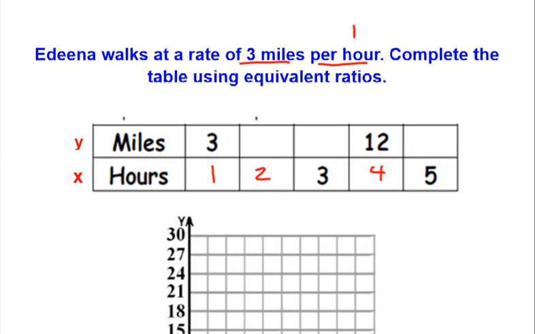So if she walks 3 miles in 1 hour, we double to 2, the miles will double to 6. If we triple to 3 hours, then the miles triple to 9. If we multiply times 5 hours, then we multiply the 3 times 5 and we get 15 miles.